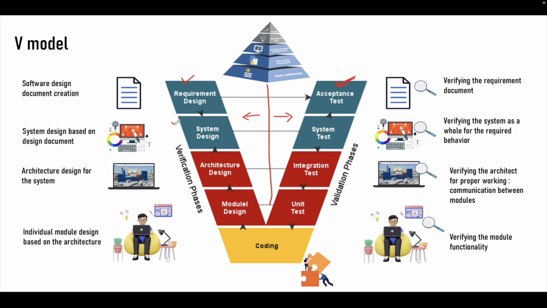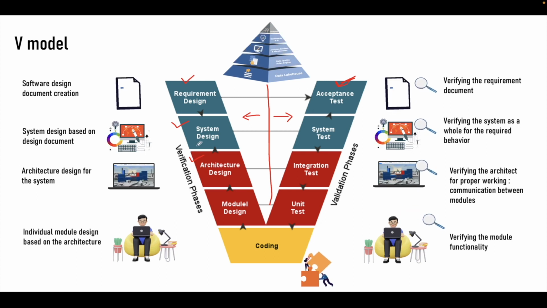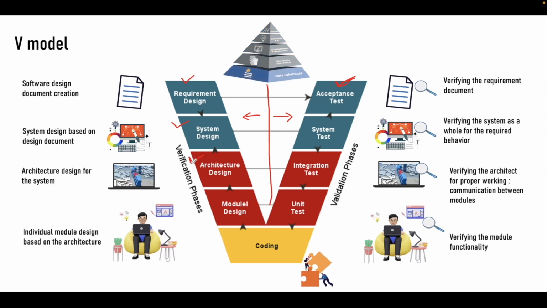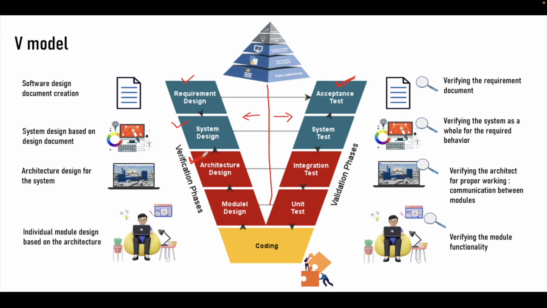The next stage is the system design. Once you have the requirement document, you need to design the system, like what are the things that should be there in a system. The next stage is the system architecture design. In this one, what are the different subcomponents and how will these be integrated? Those things will be done in this particular design. Once you have the entire system ready, then you need to design the architecture.